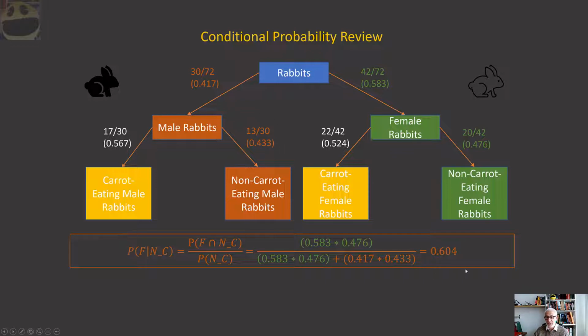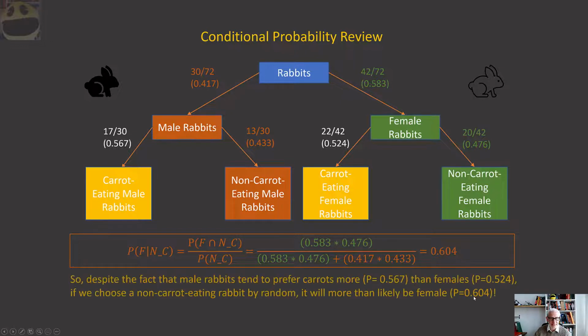Okay, so you actually get a higher proportion, and that can sometimes be a result which confuses people about conditional probability. It's not just the actual probabilities that count, but it's also the numbers that are involved in the calculation. And in this case, there are a greater number of female rabbits than male rabbits, and that pushes the percentages up towards the female end of the scale.